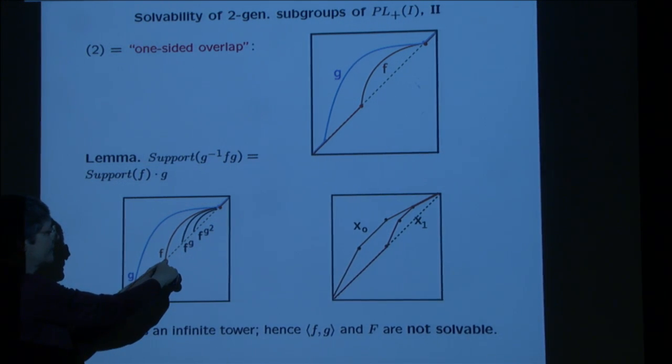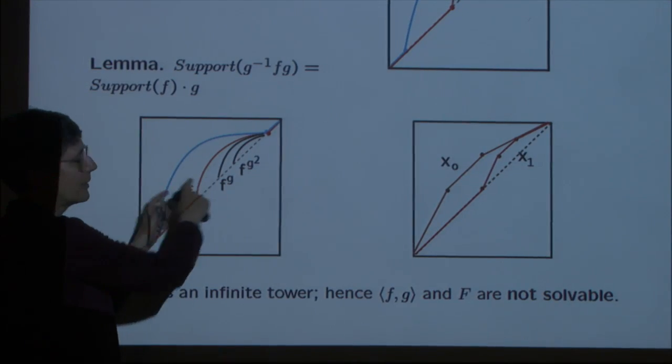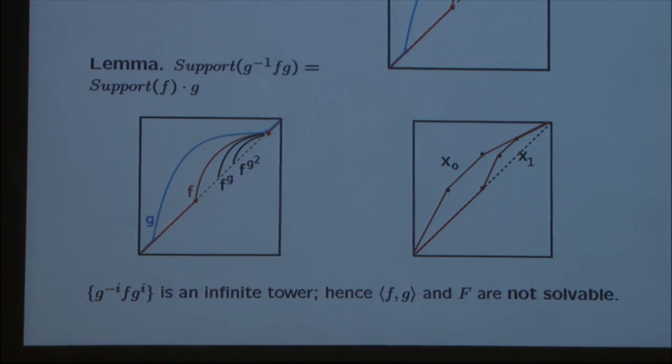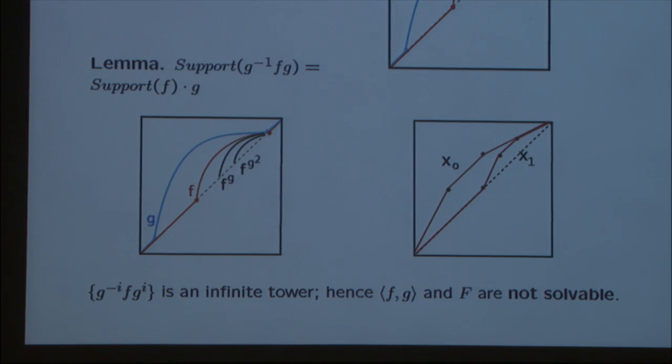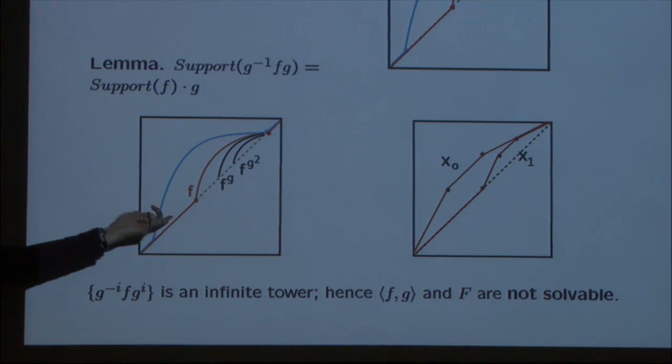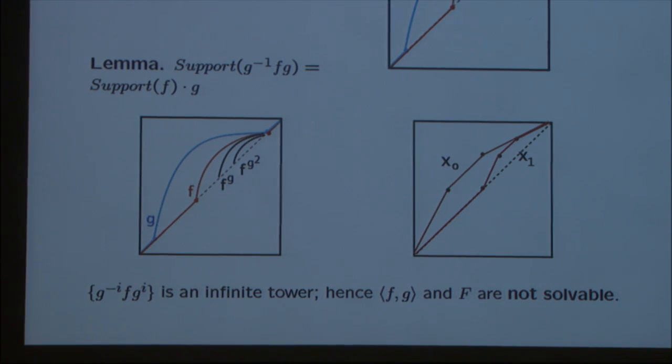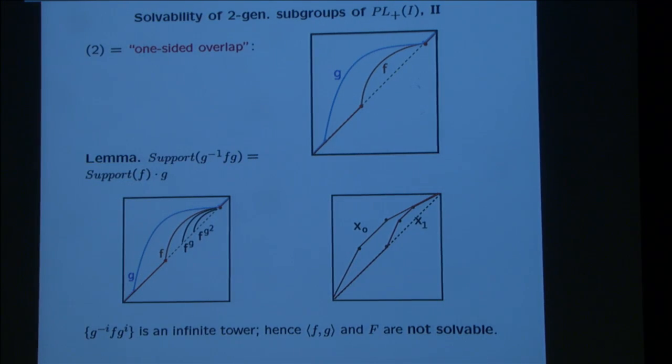But the point is that it's going to move this point somewhere further up the line, but it's not going to move that one at all. So I'm going to end up with an infinite tower in the end. If I just keep conjugating by G and then by G and by G, I get one of these infinite towers. And what Colin Blake had shown was that anytime you've got an infinite tower, you're not solvable. So for this configuration, definitely not solvable.